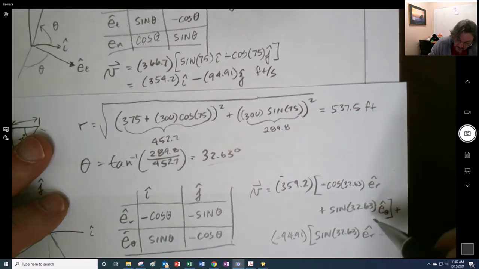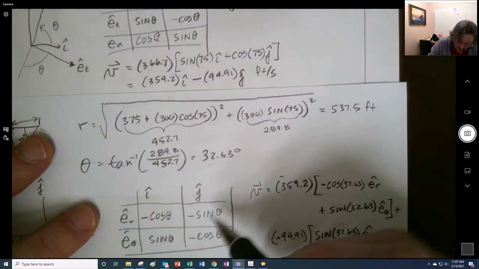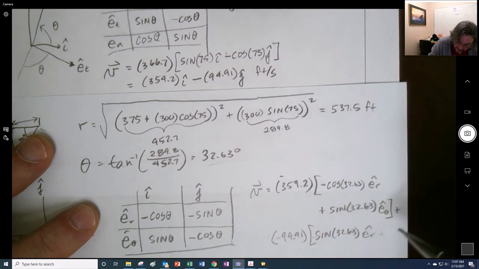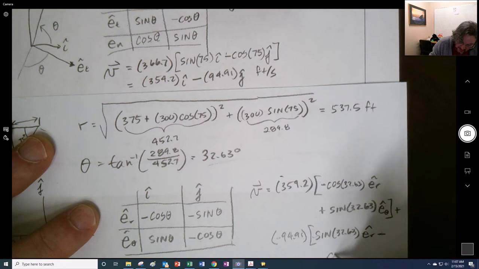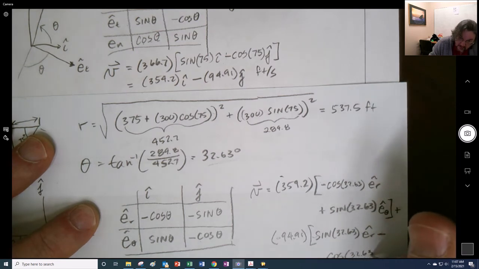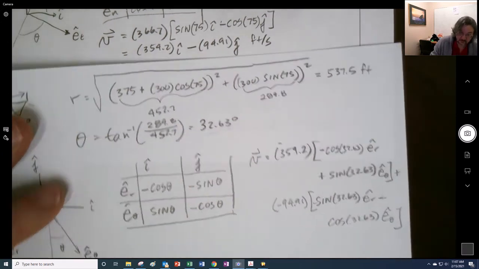Did I do this right? This should have been minus. And this should be minus right there. Minus, minus. Cosine of 32.63 E theta. Right?